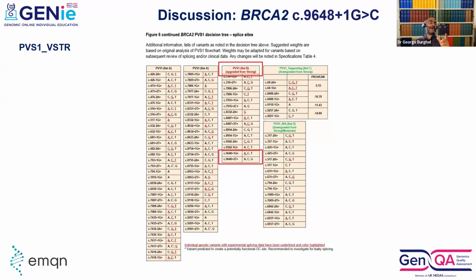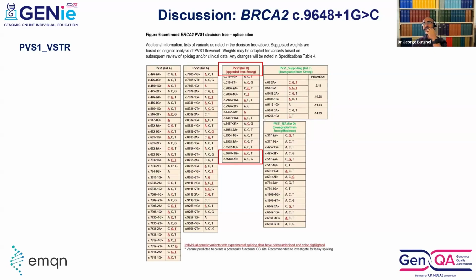In the tables presented here in figure 6, they show different downgrades or upgrades of PVS1 based on a very specific knowledge of BRCA1 and BRCA2, and you can see that PVS1 in this case for this variant is upgraded from strong based on it being a functional domain to very strong. So they recommend the use of PVS1 very strong rather than PVS1 strong.